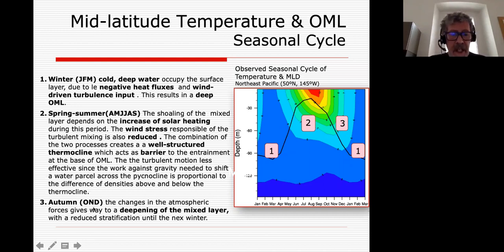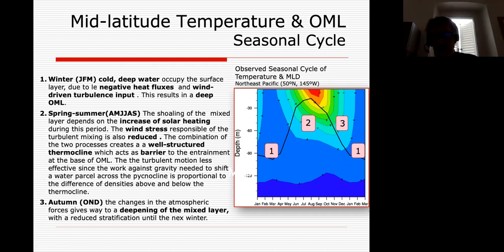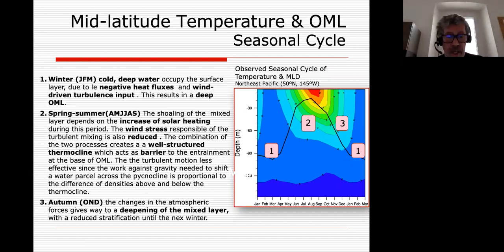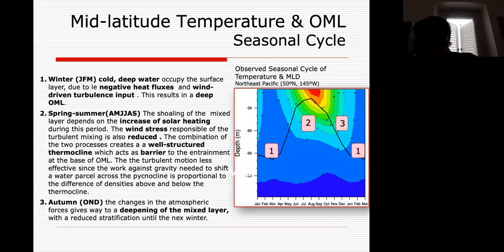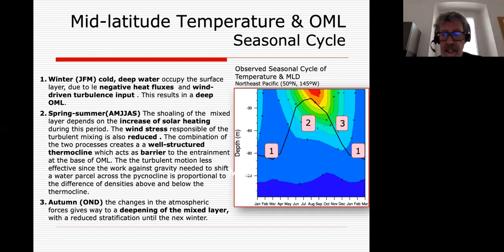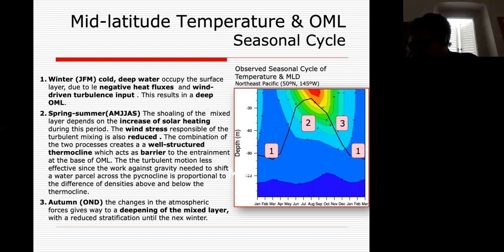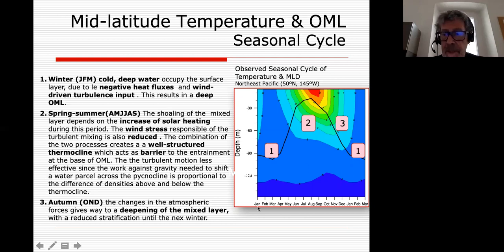In autumn, these conditions progressively get less effective. The solar radiation is less positive, so the heat flux is decreased, and the winds are more intense, so the wind stress and the associated wave stress is increased, and progressively the deepening of the mixed layer is stronger.